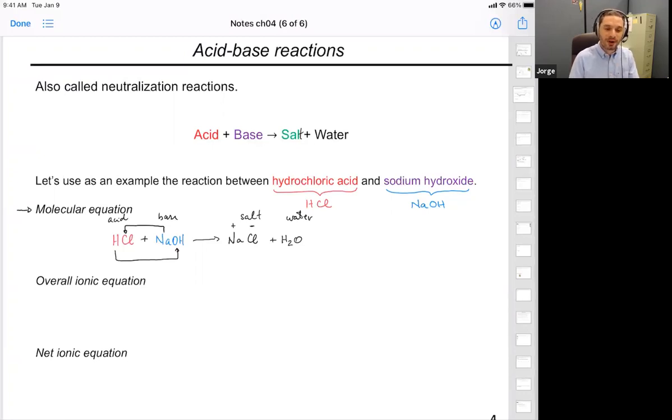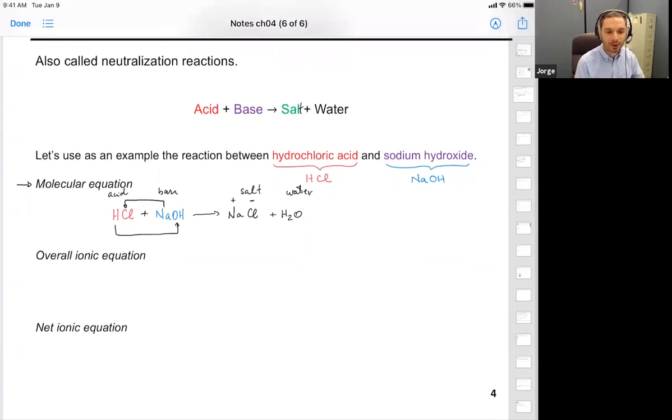What is the difference when you write overall ionic equation or net ionic equation? In those cases, now you are going to represent the ions that are involved in the reaction.